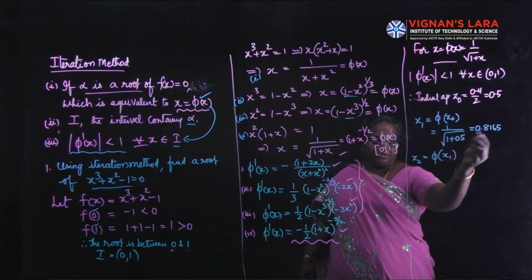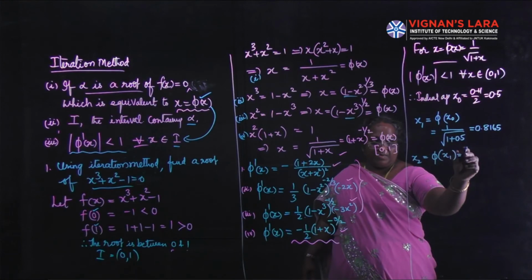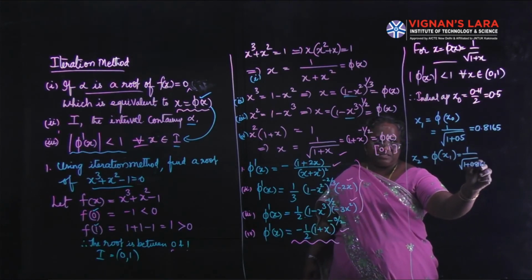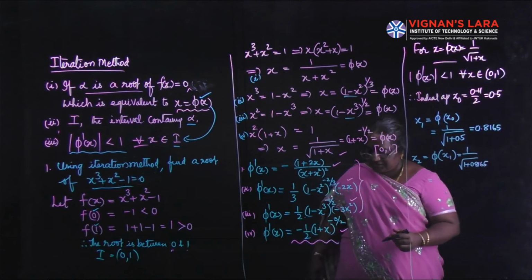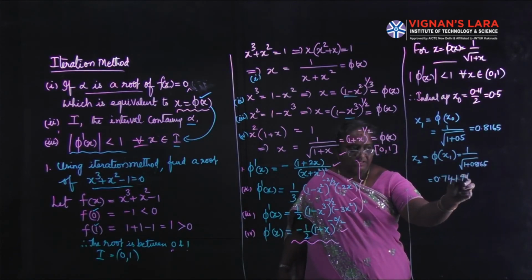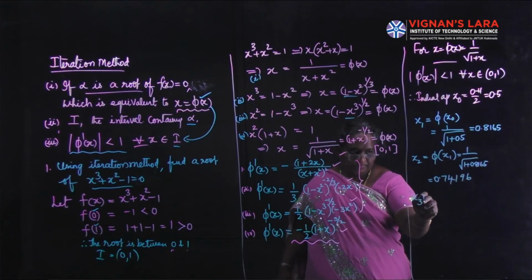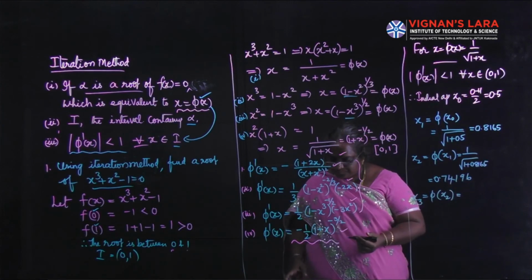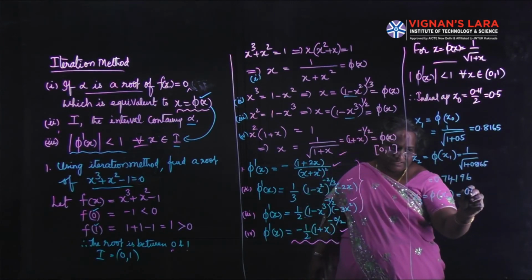Similarly, x2 is phi of x1. If you substitute 1 by root of 1 plus 0.8165, the value of x2 is 0.74196. x3 is phi of x2, which comes to be 0.7577.